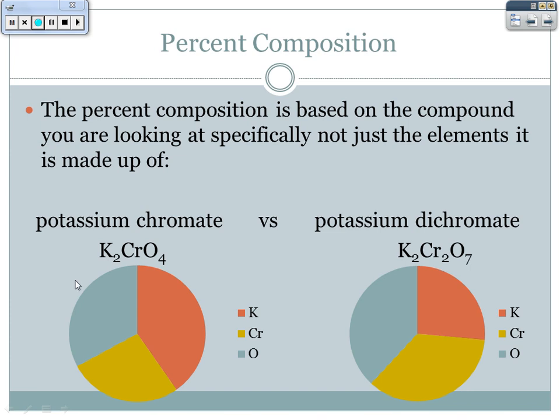Oxygen takes up less in the chromate and more in dichromate, again, as expected, because you have more oxygen in dichromate than you do in chromate. And then the potassium looks like it takes up a lot less in dichromate because you've gained so much more chromium and oxygen that the percent composition decreases a lot.